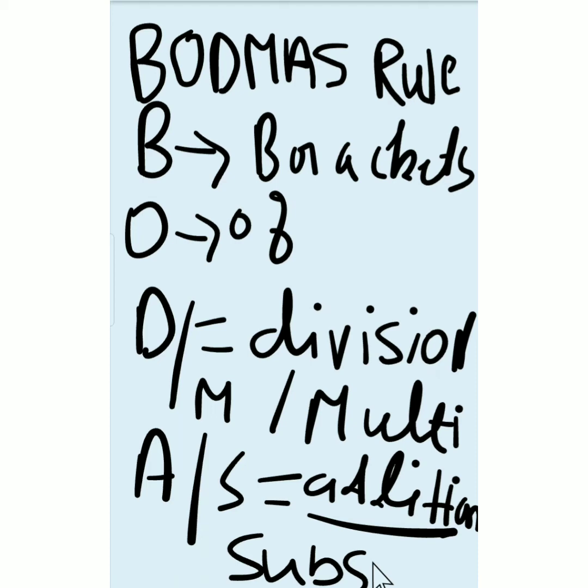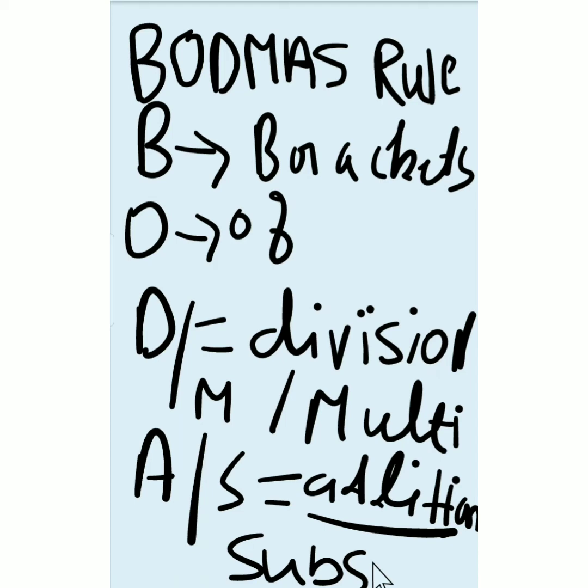So what's the order of this BODMAS rule? The order of this BODMAS rule is from left to right. We have to start from the B, not from the S, not right to left. So we have to start with B, brackets.